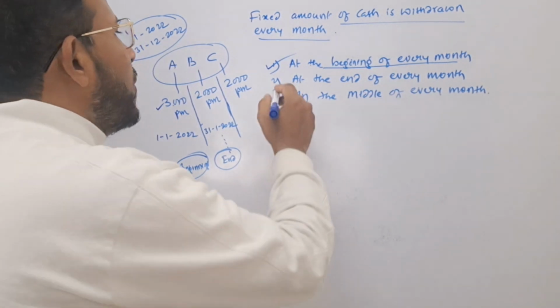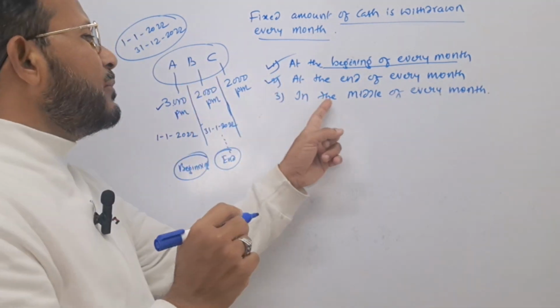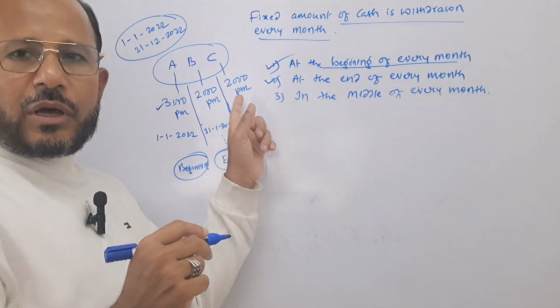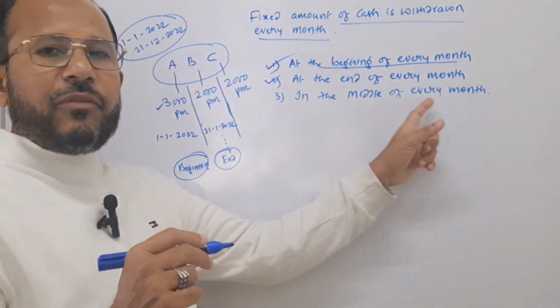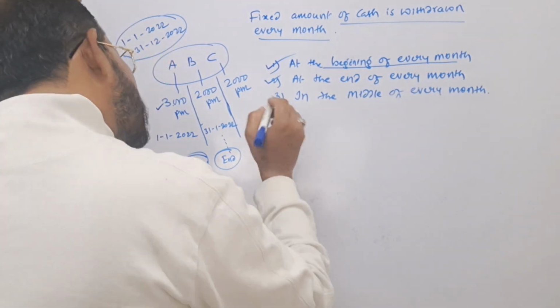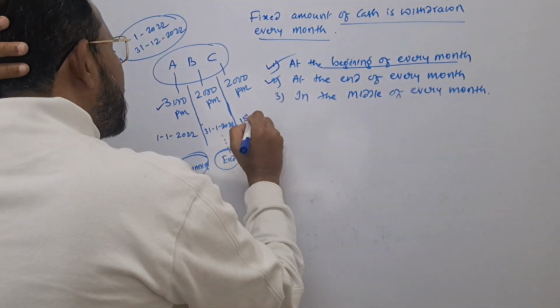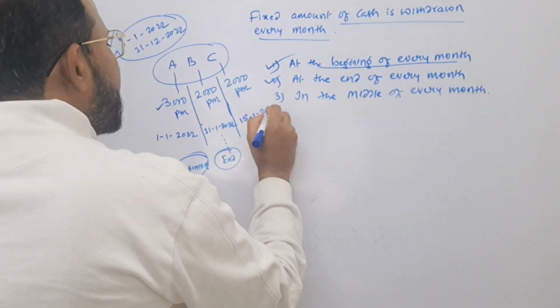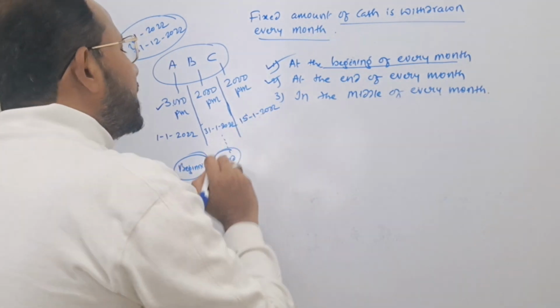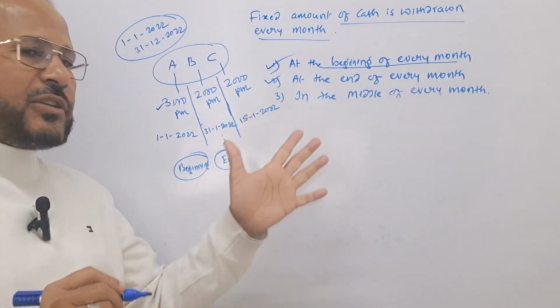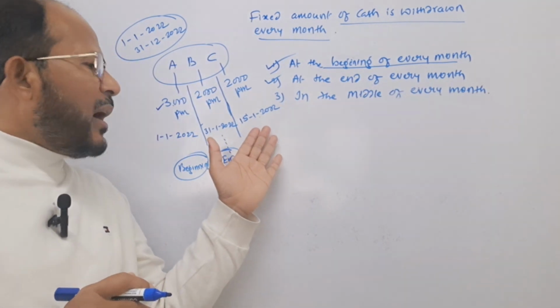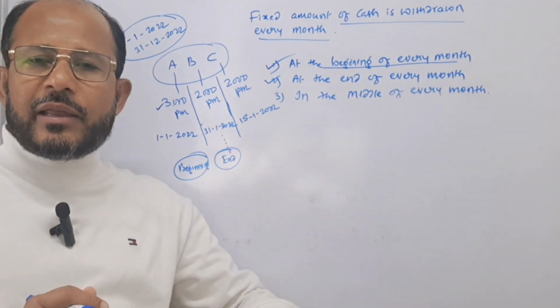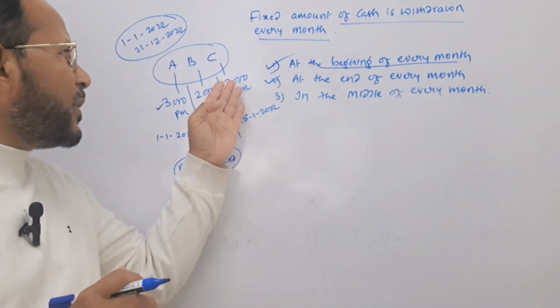Next one is what Mr. C is doing. He is withdrawing rupees 2000 in the middle of every month. Assume 15th January 2022 is the date he withdrew his first drawing. Next one is on 15th of February, again he takes his next drawing, rupees 2000.